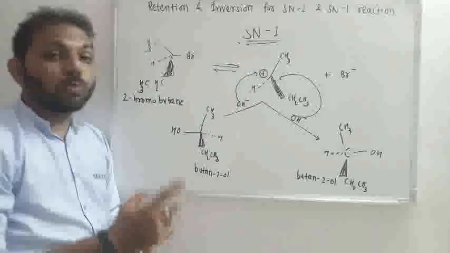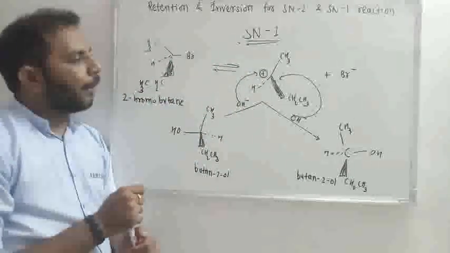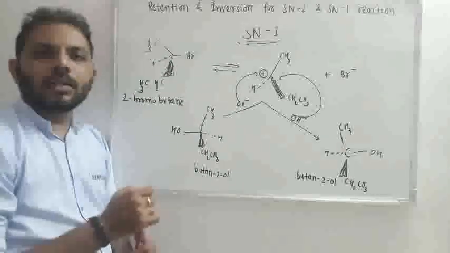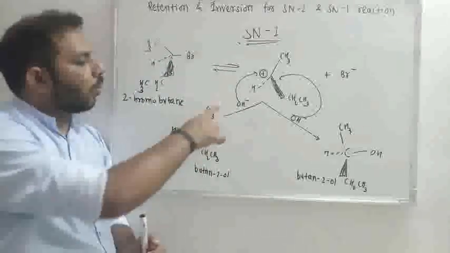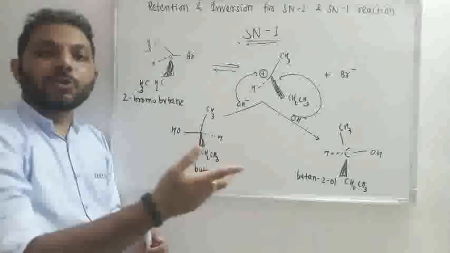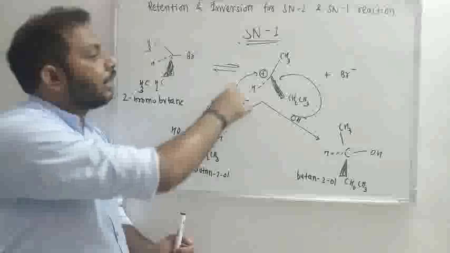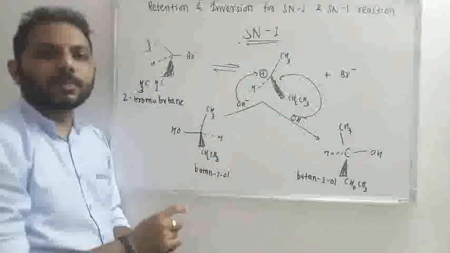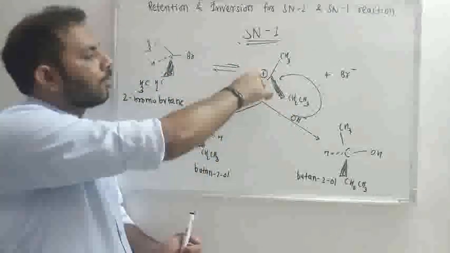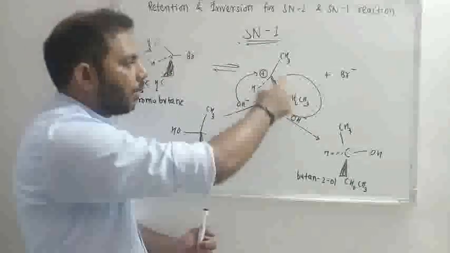Now, here two possibilities are there. After formation of the carbocation, OH minus, which is a nucleophile, can attack the carbocation at any position, in any configuration. So OH minus can attack from this side or from this side.